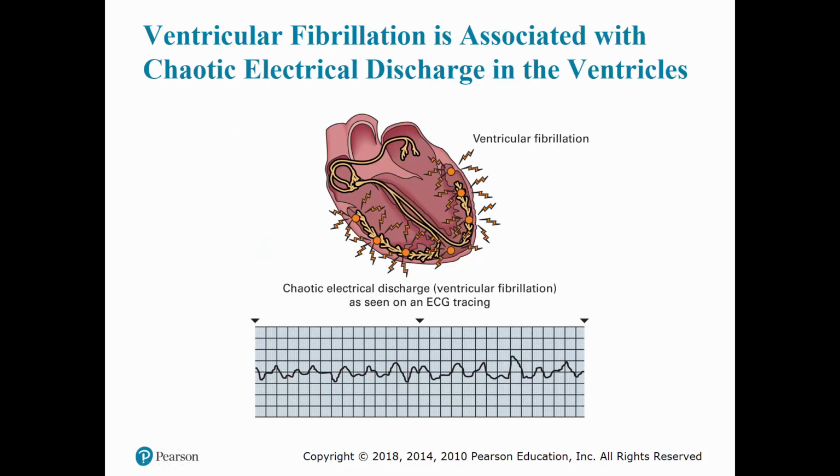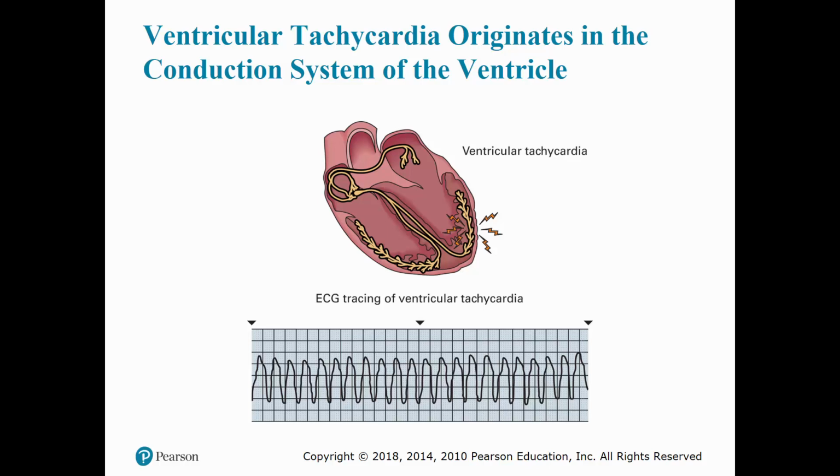All right, VFib is associated with chaotic electrical discharge in the ventricles. So the ventricles are doing what they want, just firing randomly. Chaotic electrical discharge, as seen on the ECG tracing here. Just a chaotic rhythm. VTAC looks a little bit more organized.